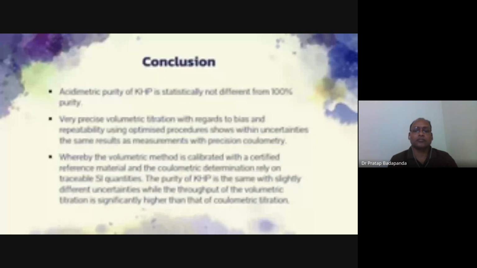The purity of KHP is the same, with slightly different uncertainties, while the throughput of the volumetric titration is significantly higher than that of coulometric titration.